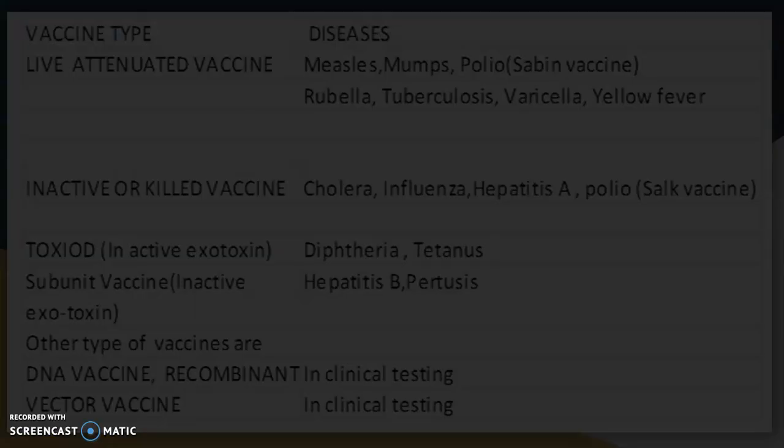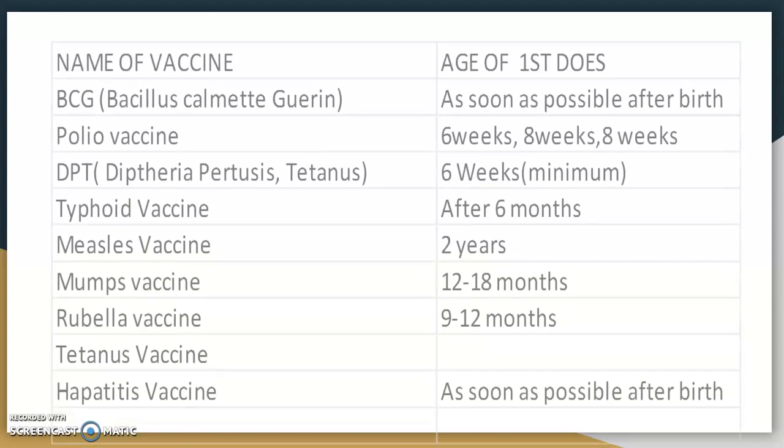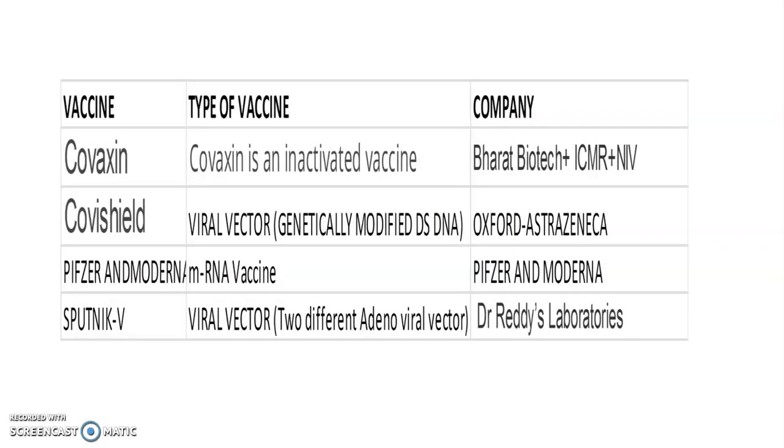Now we'll see the vaccines available for coronavirus. First is Covaxin, which is an inactivated vaccine. What do we mean by an inactivated vaccine? It is an inactivated COVID-19 vaccine.